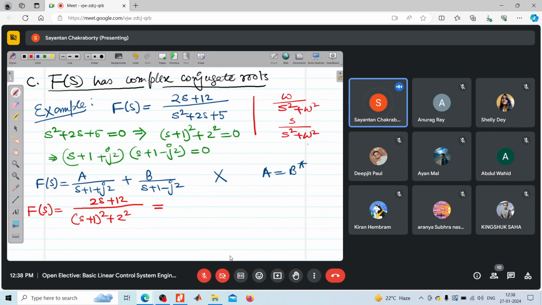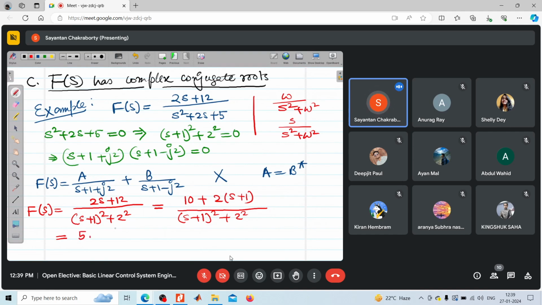You have these two factors. One is sine function, another a cosine function. So this can be represented as 10 plus, since there's a s plus 1 whole square, so I have to take into account that, right? So how it will look like?